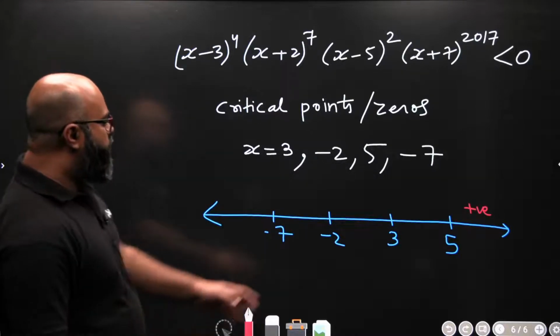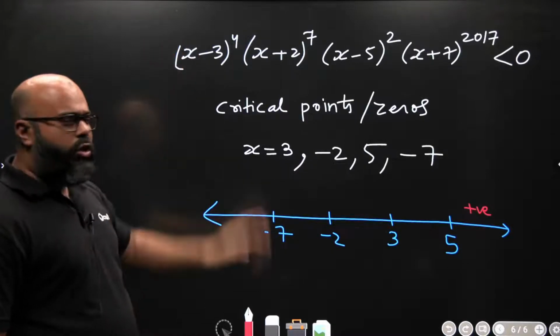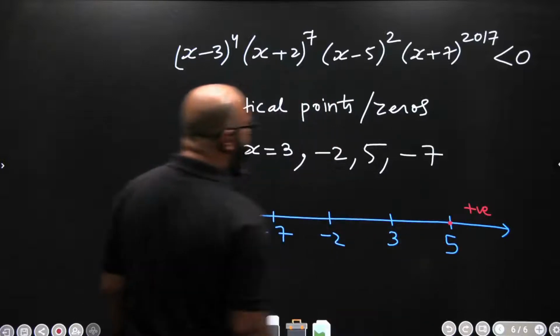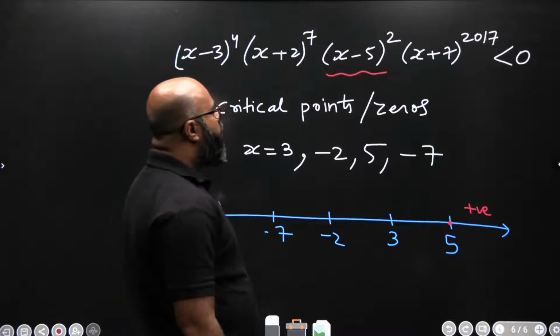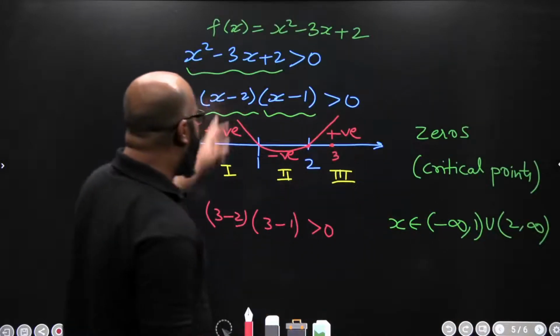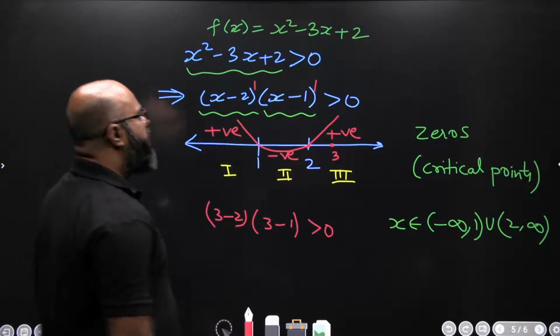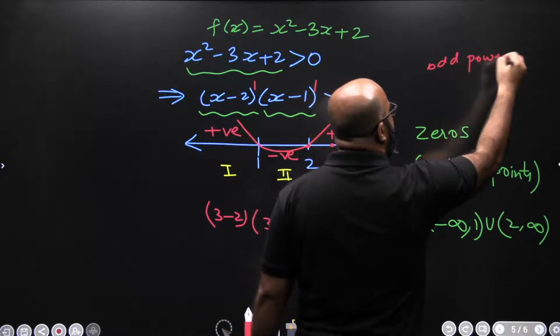Now if you come between 5 and 3, what will happen? Will it alternately change or not? That will be decided by this zero, 5, which is here: (x minus 5) whole square. In the initial question, we observed that both the factors were having power 1, which is odd. So we were alternately changing the sign.